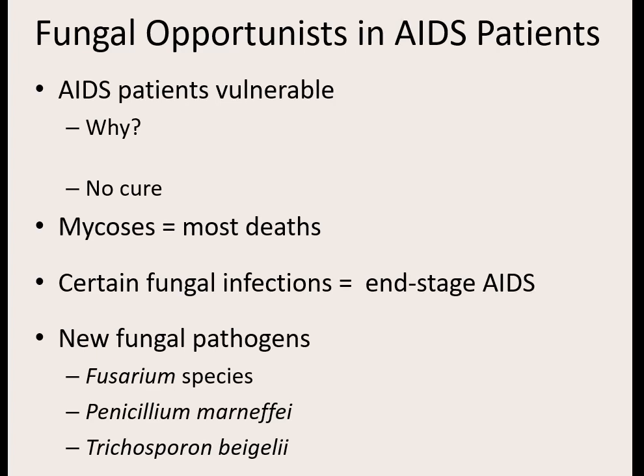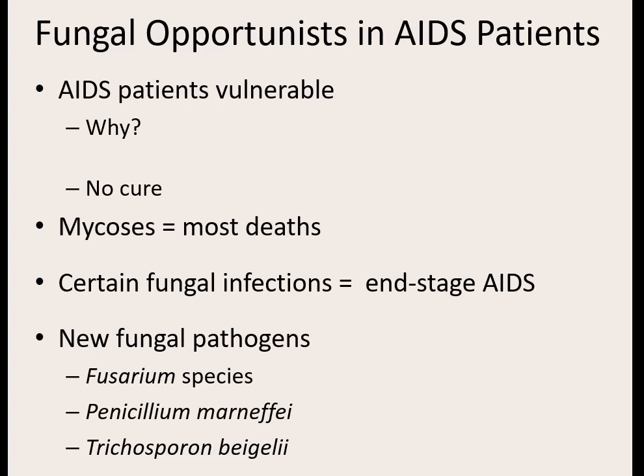When you're in the AIDS stage of HIV infection and you get a fungal disease, there is no cure. Even if we give them an antifungal, the antifungal still has to work with our immune system, and the two together get rid of the fungus. They'll give them an antifungal to try to keep it in check a little bit, but they will not get rid of the fungal disease.